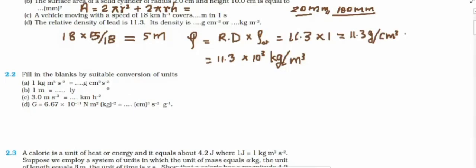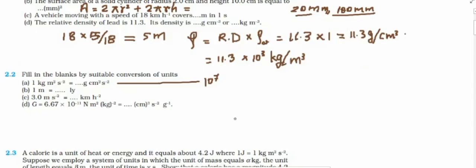So gram centimeter square per second square is erg. So you can write kilogram in gram, meter square in centimeter square. Then unit of time is same in both the system. So you will get the answer 10 power 7 gram centimeter square per second square.